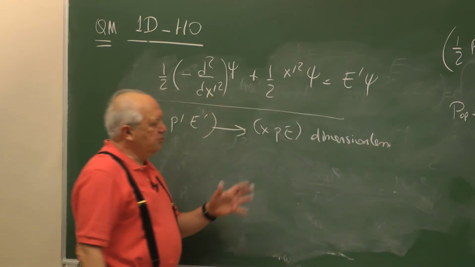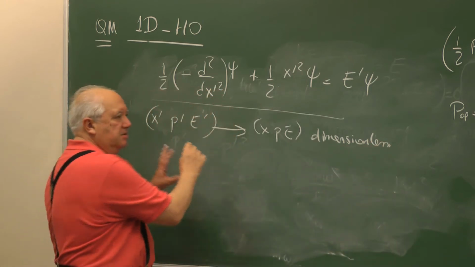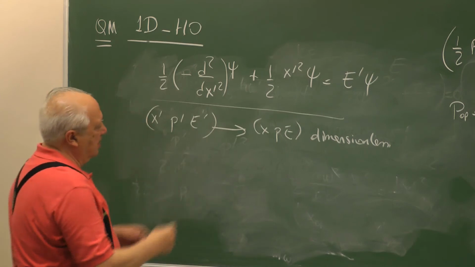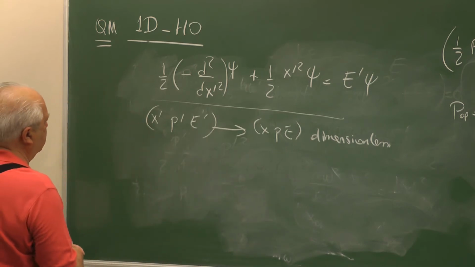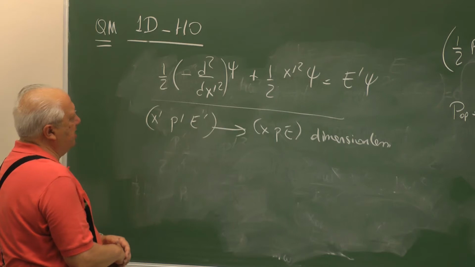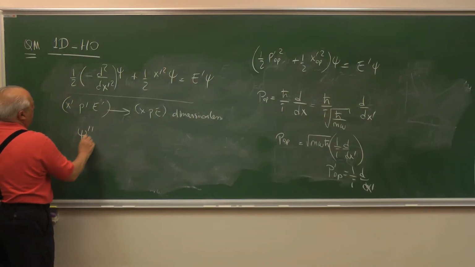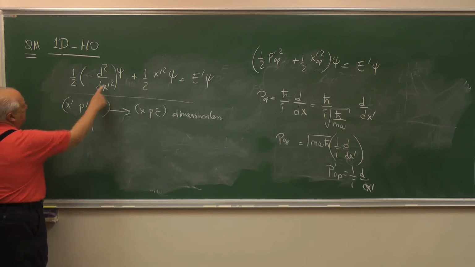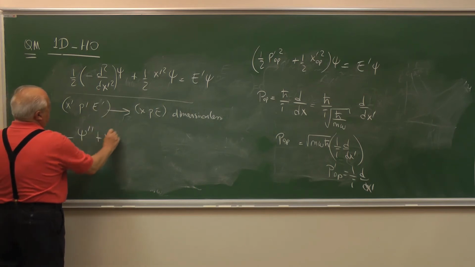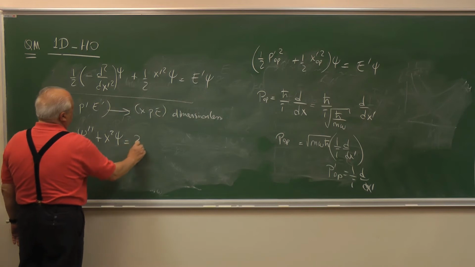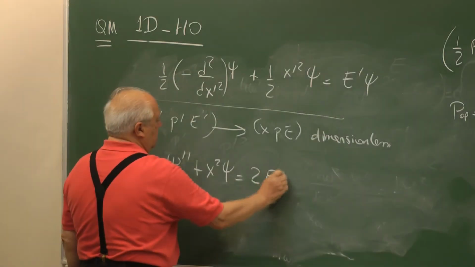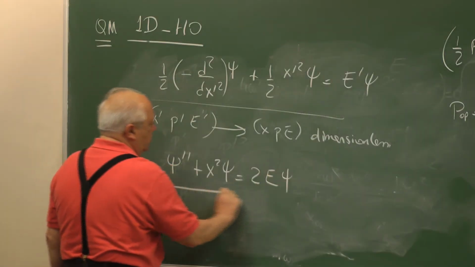Whenever we want to put the dimensions back in, I will explicitly write the form with the dimensions. So we get rid of all the primes: minus psi double prime plus x squared psi is equal to 2E psi. So this is the equation we will tackle.